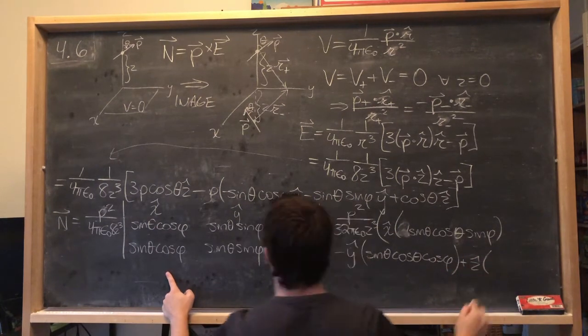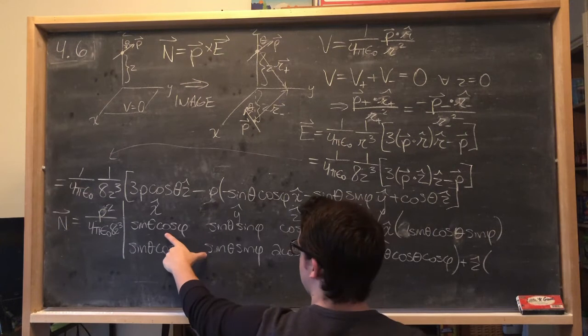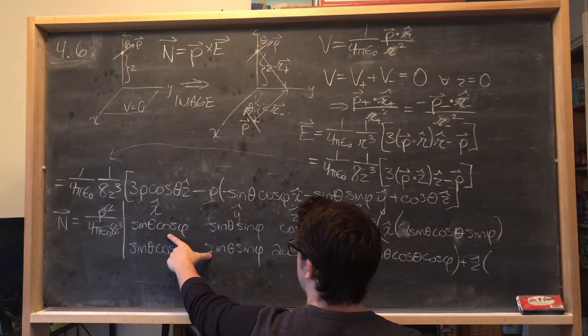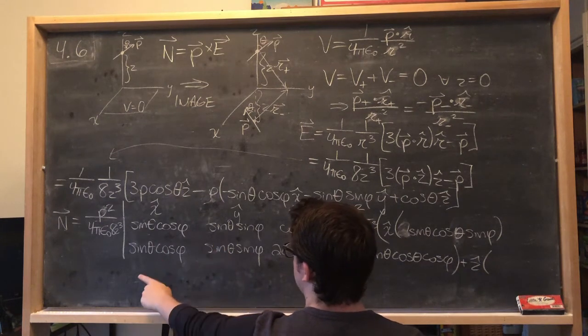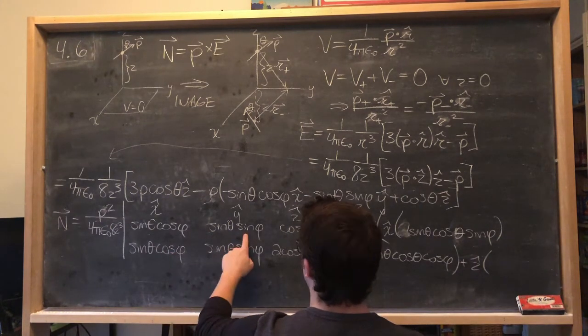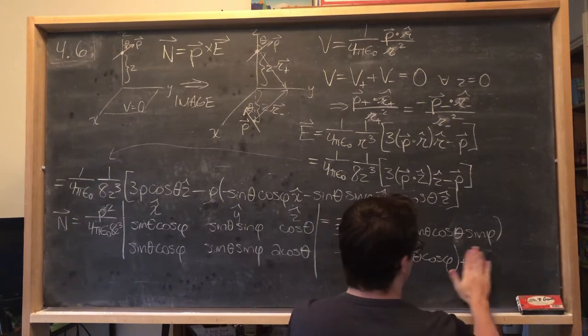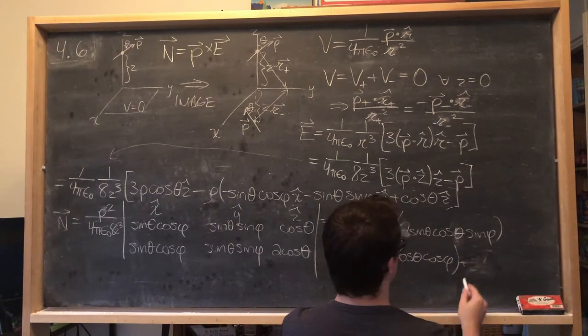Plus z hat. That'll be sine squared theta cosine phi sine phi minus sine squared theta cosine phi sine phi. So clearly that actually just zeroes out.